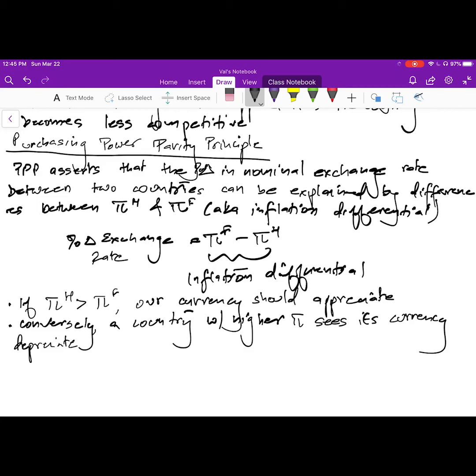So I made a slight error. What I meant to say is, if inflation at home is lower than inflation in foreign, then our currency should appreciate. And essentially, the key takeaway is that a country with higher inflation sees its currency depreciate.